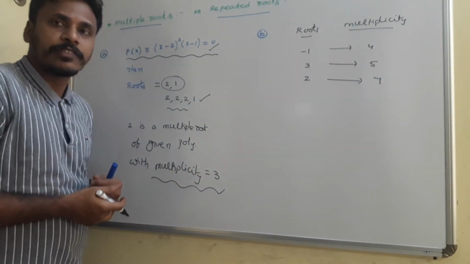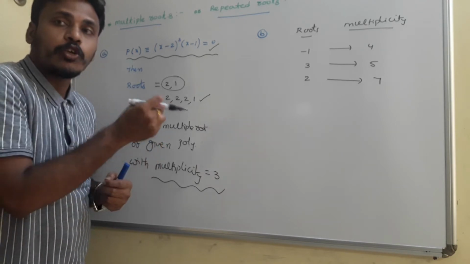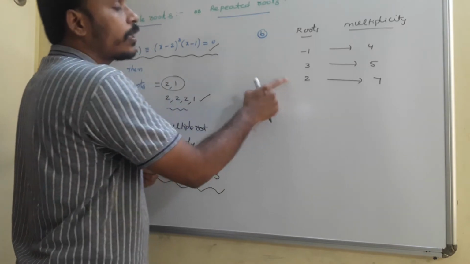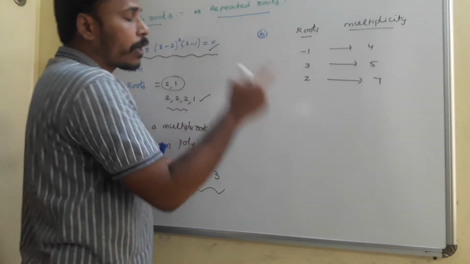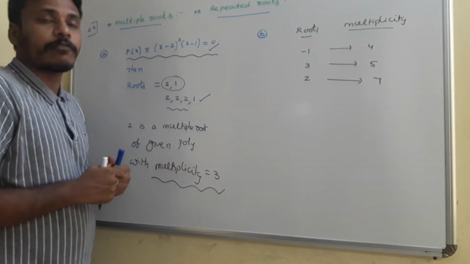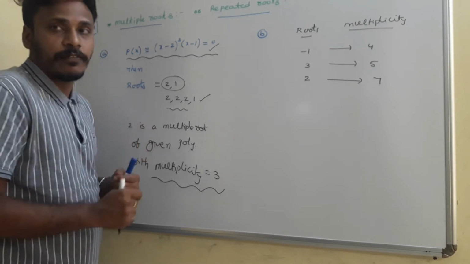What I am saying is, I need to mention a polynomial having roots minus 1, 3 and 2 with corresponding multiplicities: minus 1 of multiplicity 4, 3 of multiplicity 5, 2 of multiplicity 7.